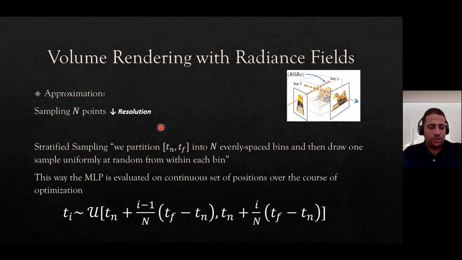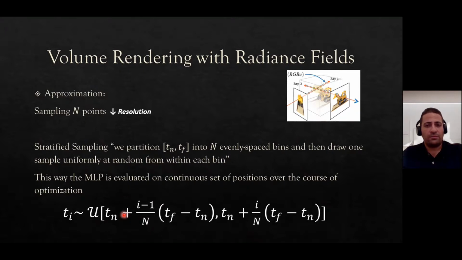Just to look at the equation, it also looks complicated at first sight, but it's pretty easy. We just see here how to sample t of i. So we choose between two points. This is the starting point, and this is the ending point. Here we have t near, which is the starting point near the camera.